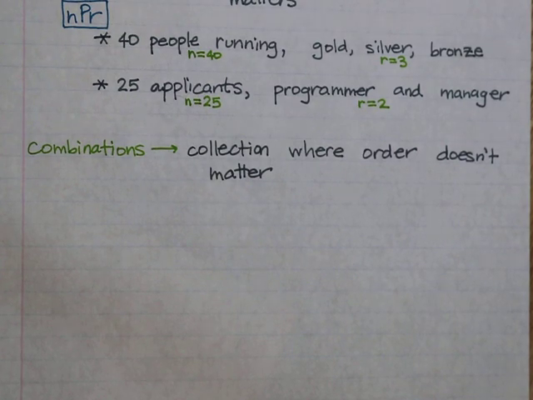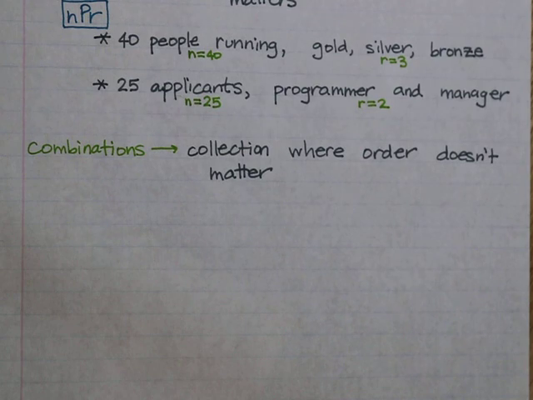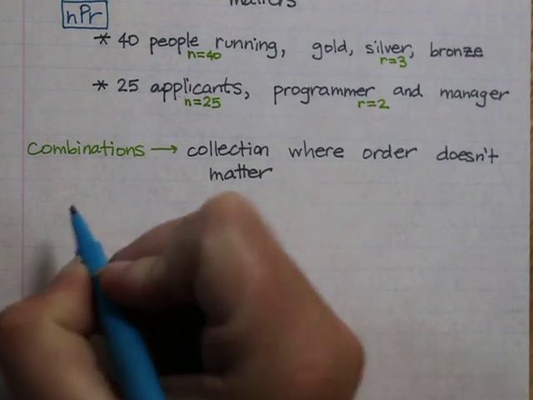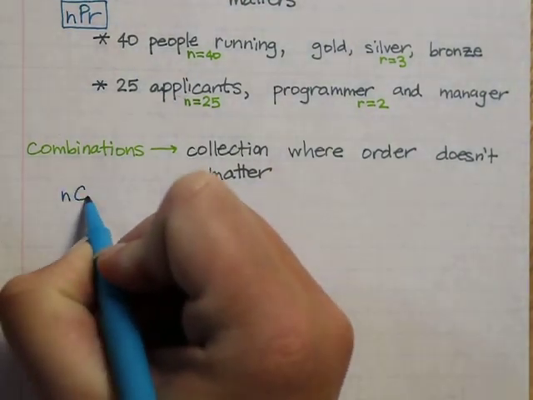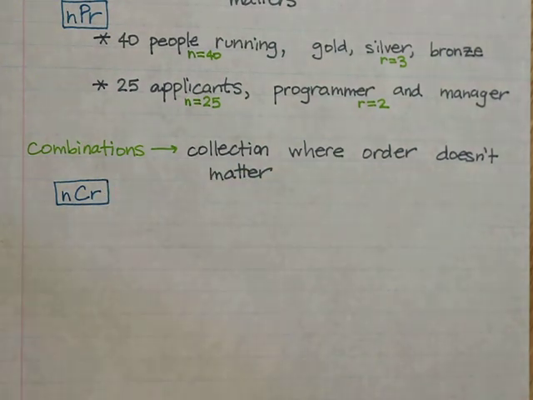If he picks Miss Evans, Mr. Brown, and Miss Hames, it doesn't matter if he says, okay, the committee's going to be Mr. Brown, Miss Hames, Miss Evans, or Miss Hames, Miss Evans, Mr. Brown. It's all one committee. It's a collection of people or a group. And on our calculator, this comes from nCr. So that's kind of the difference between the two, is the C stands for combination.